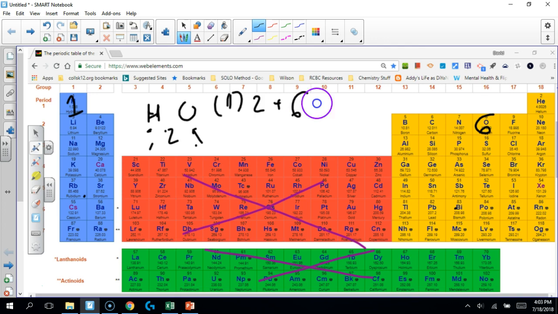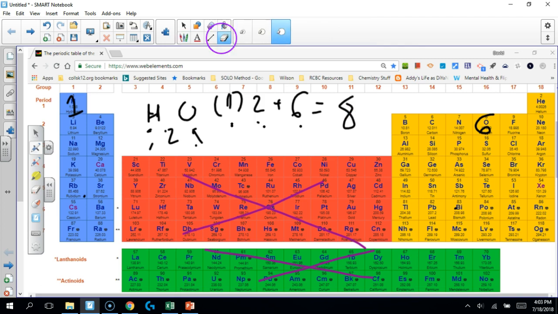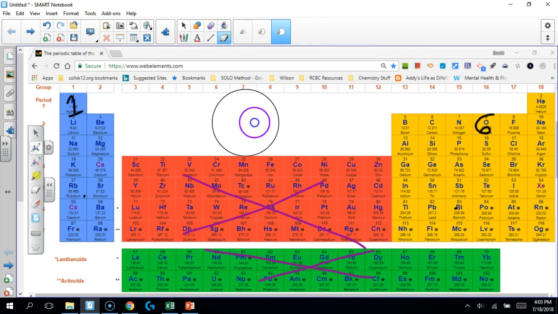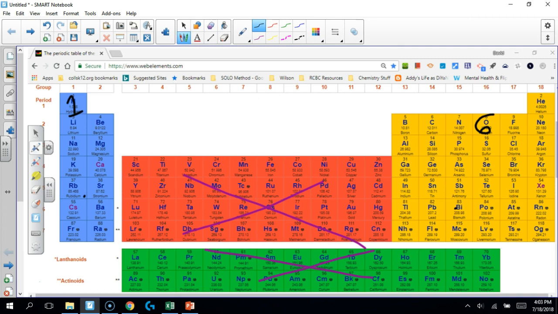So 1 times 2 is 2, plus 6 is 8. So we have to do something with 8 valence electrons. I'm going to write that over here off to the side.